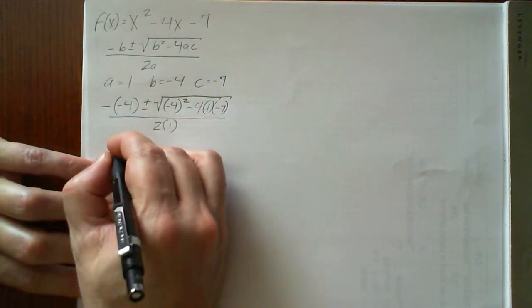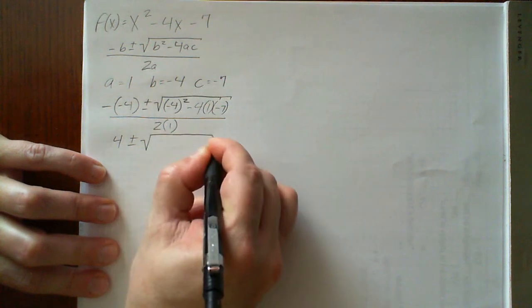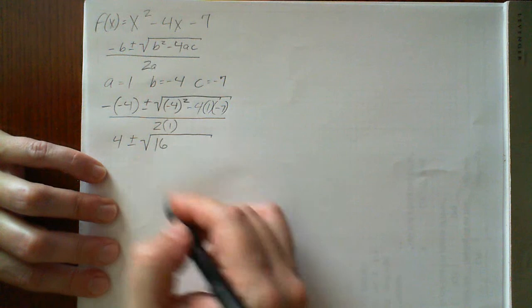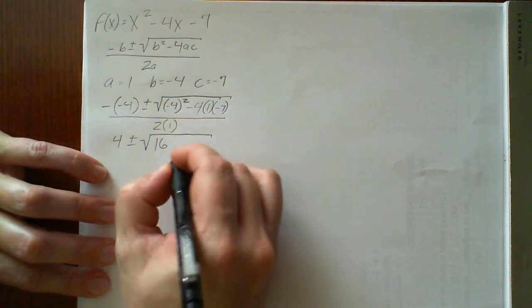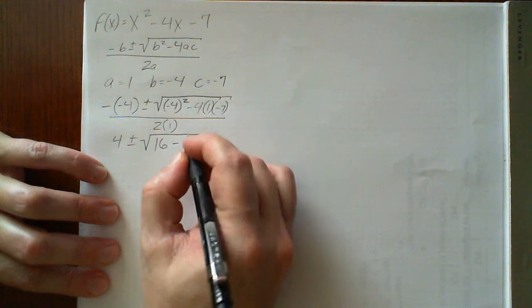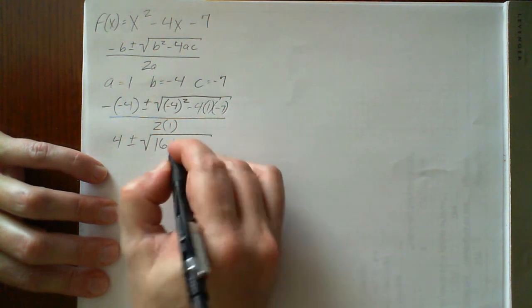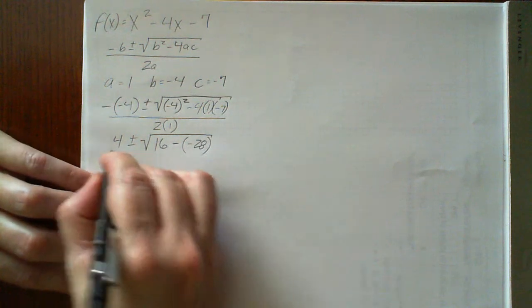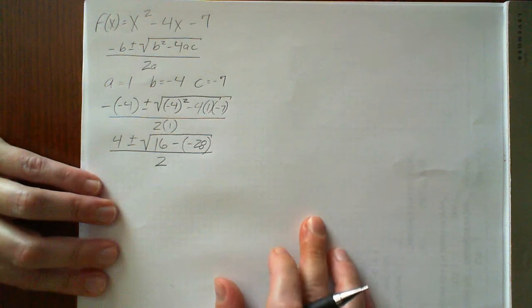So a -4 is a +4, plus or minus the square root of -4 squared is +16. That's why those parentheses are important there. Minus, 4 times 1 is 4, times -7 is -28. Once again, we have to be careful with our signs. 2 times 1 in the denominator here is just going to be 2.